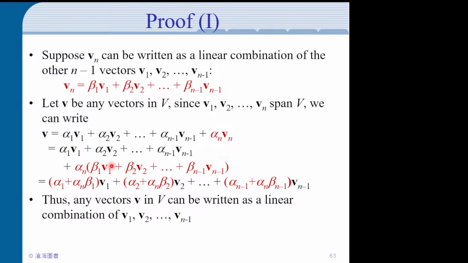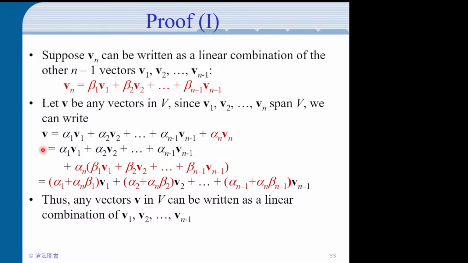So here we have alpha 1 times V1, and here we have alpha n times beta 1 times V1. And so it just becomes alpha 1 plus alpha n times beta 1, times V1. You see all the coefficients add up, and it's the same thing here.